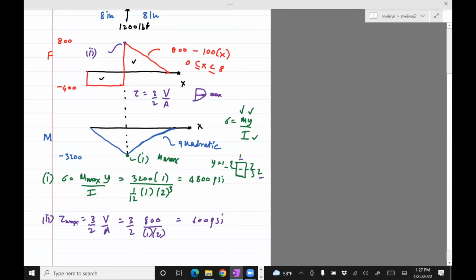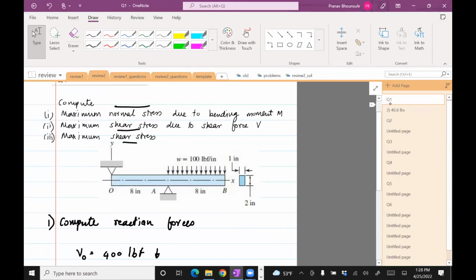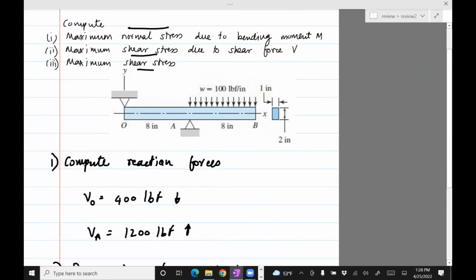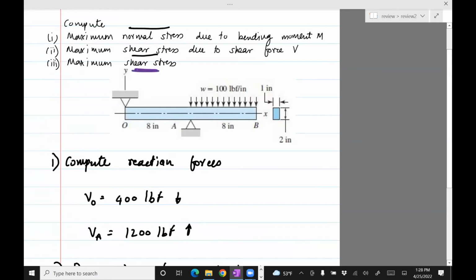Okay, and then finally, this is the trickier part, where last time when I taught this, people struggled with this. So when you want to find the maximum shear stress, what you need to do is, if you know sigma x, sigma y, the way you find sigma max is that formula.